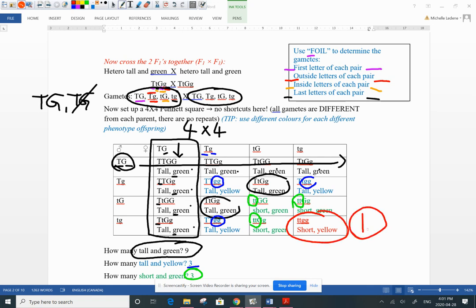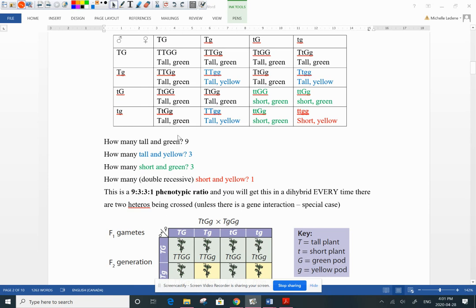Okay, so now if you're going to go and count up the numbers, let's see how many of each we had. Well, we got what is called a 9:3:3:1 phenotypic ratio. And this is huge. This is the Mendelian ratio, 9:3:3:1, right? And this is going to happen every time you're doing a dihybrid and you're crossing 2 heteros, unless there's a gene interaction.